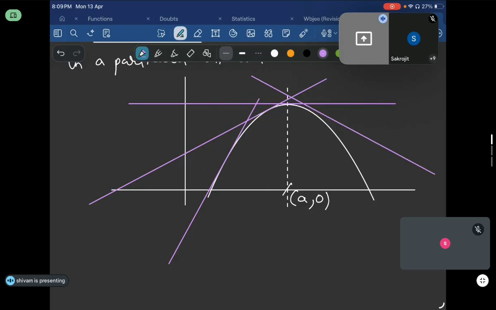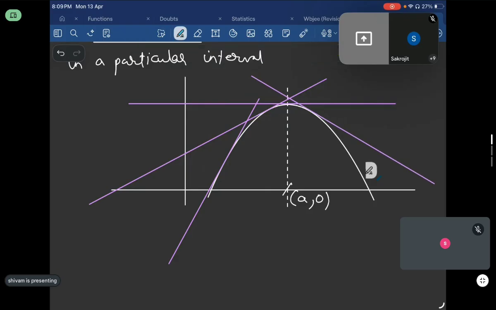This is another tangent, and this is another tangent. See, when you go from left to right, this angle is theta. Is this angle acute or obtuse? Tell me. Acute angle. So can you understand that at this point dy by dx is positive?